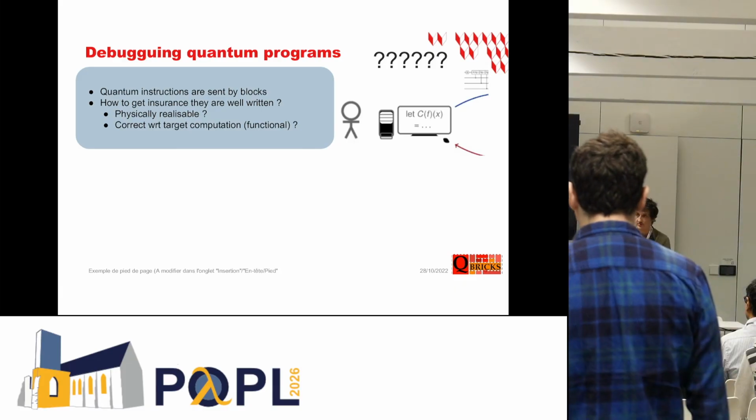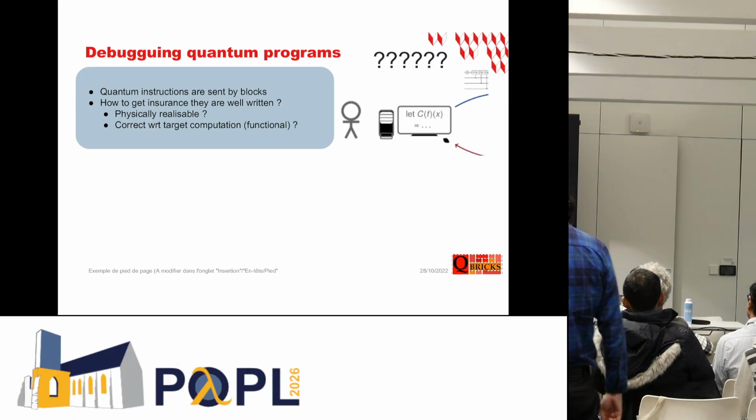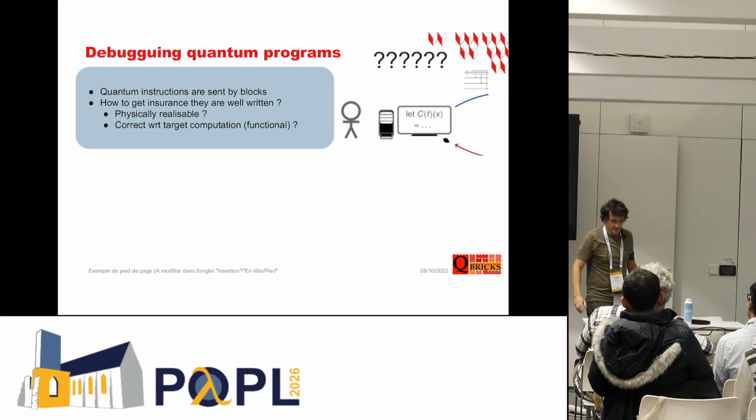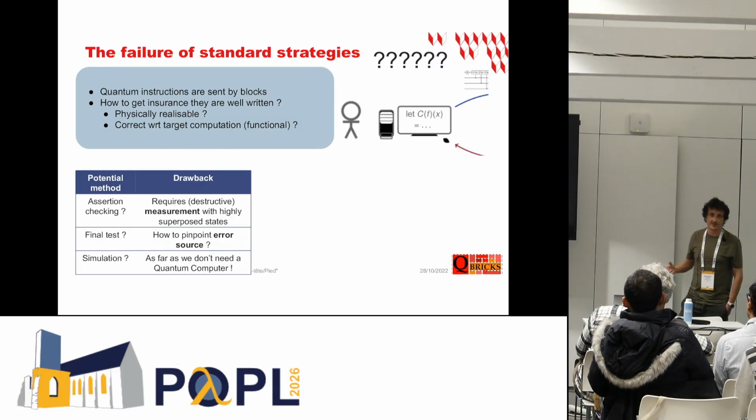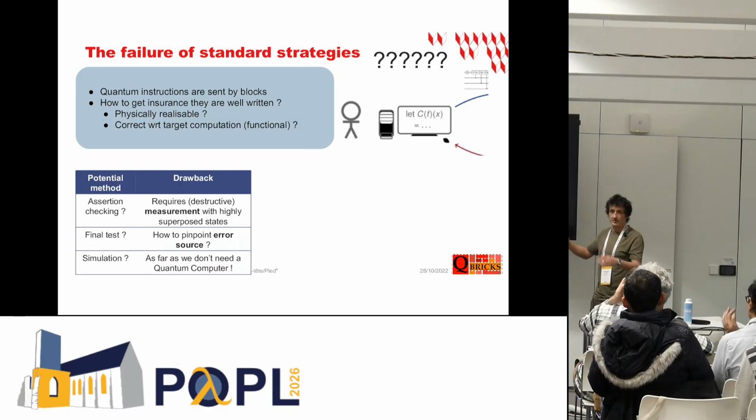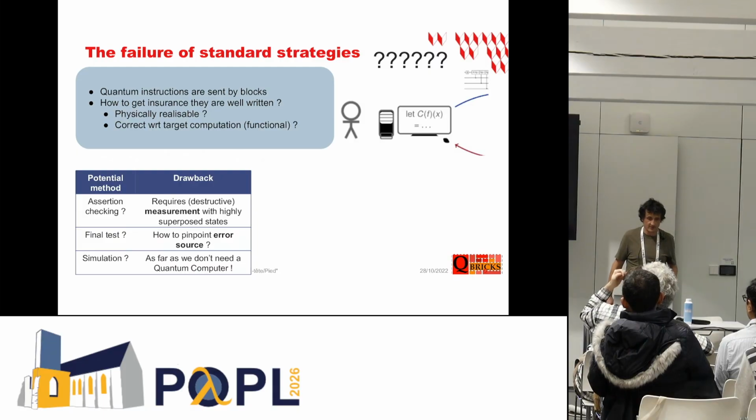So in addition to this problem of having access to the quantum machine, if ever this person had this access, then there would be, in the act of verification and debugging, a certain number of extra difficulties that are due to the nature of quantum computing. It is quite an avenue, but we cannot rely on test assertions because of destructive measurement that would falsify the end of the execution.